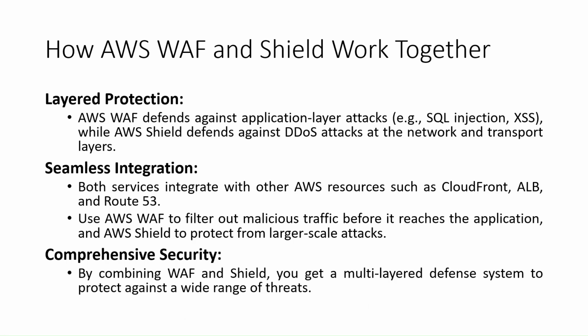In simple words, AWS WAF and Shield complement each other and provide complete layered protection. WAF keeps out harmful application level threats, while Shield defends against large scale network and DDoS attacks, so both ensure your application or website is secure from a wide range of dangers.